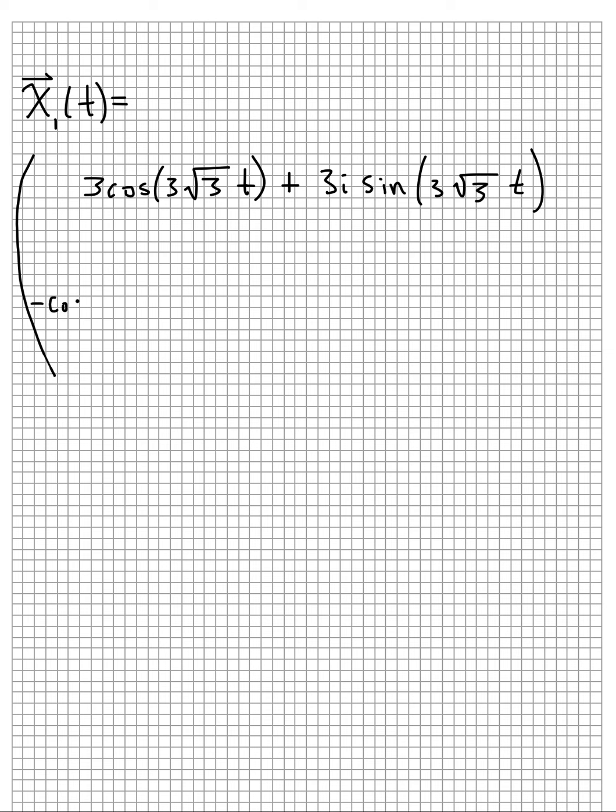It's minus cosine, to make sure I use space carefully, of 3 times the square root of 3 times t, just like that, minus I times sine of 3 times the square root of 3 times t, just like this, plus the square root of 3 times I times the cosine of 3 times the square root of 3 times t, minus, and let's see if I can fit the square root of 3 times the sine.